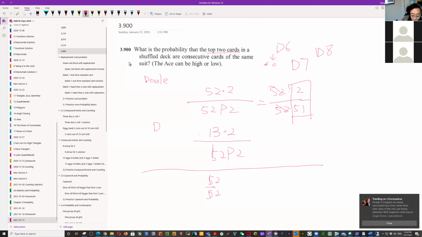And the second card, in order to be a consecutive card with the first one, you only have 2 cards to choose from, and the remaining cards number 51, so 2 cards out of 51 will satisfy your need. So that's the way that I think will work.